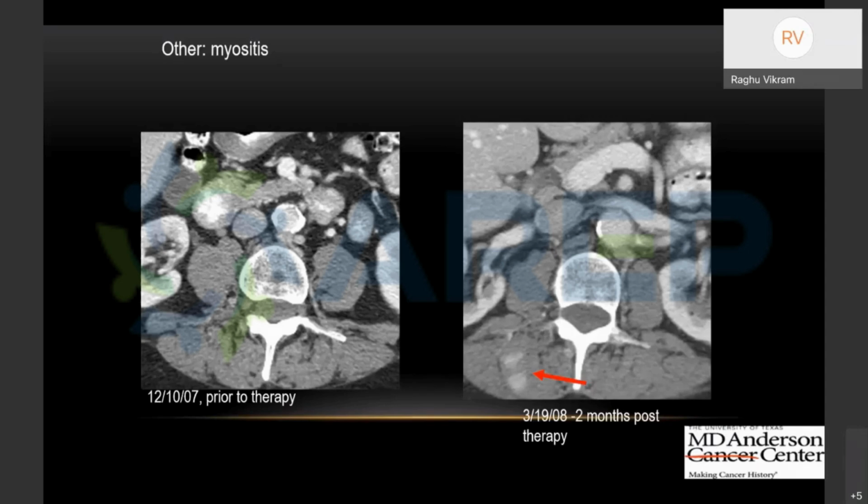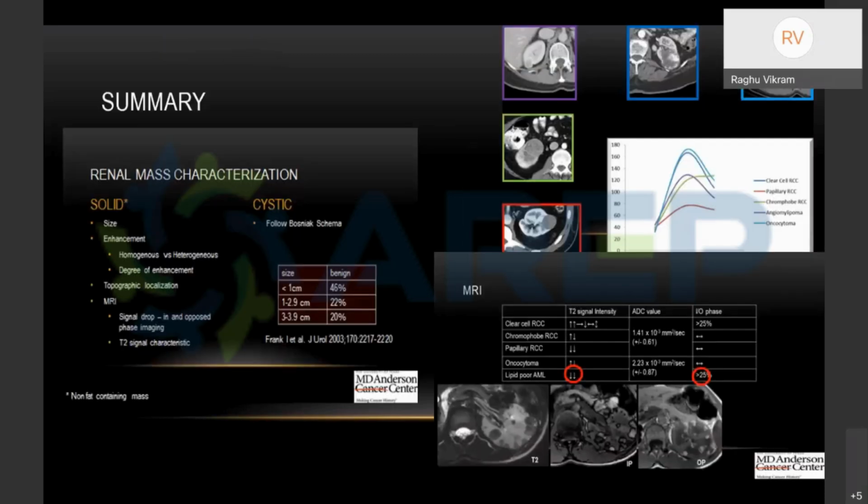So I think I'm coming close to the end of the hour, and in summary, we have covered a lot today. We talked about characterization of renal masses. We talked about all non-fat-containing renal masses. We excluded cystic. We talked about size, enhancement, topographic localization, the degrees of enhancement, and some MR characteristics.